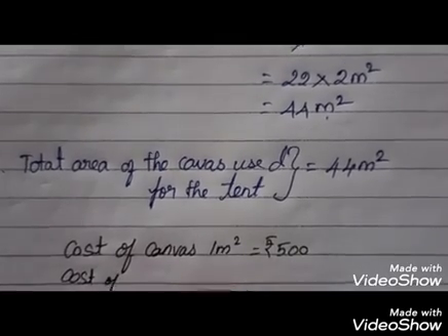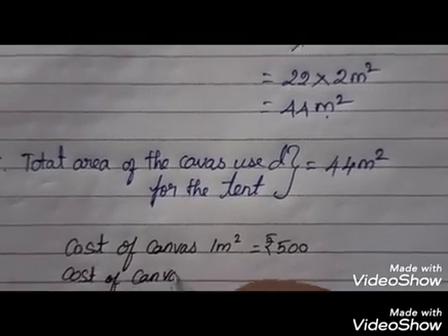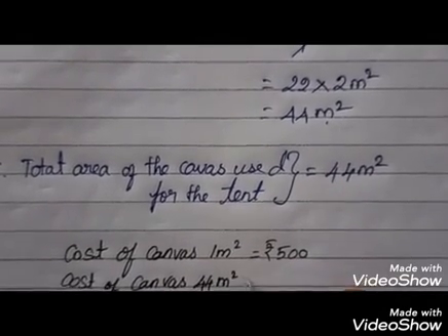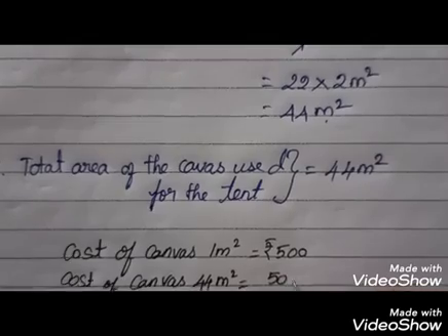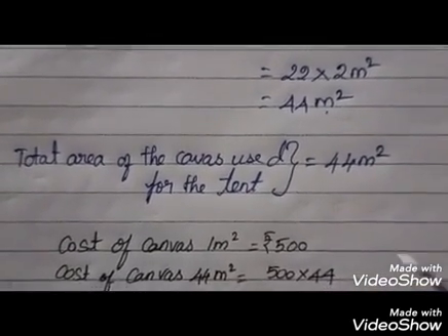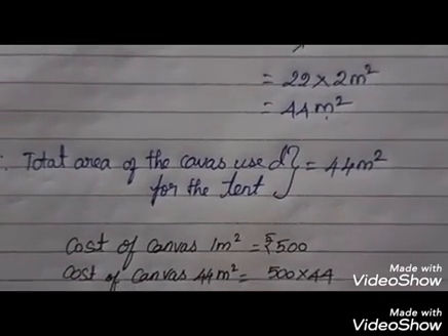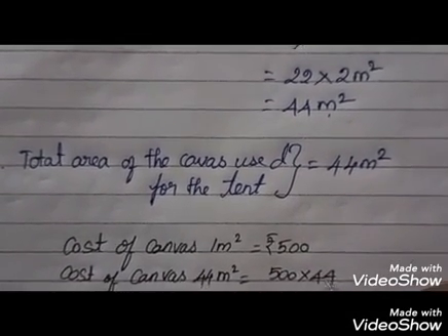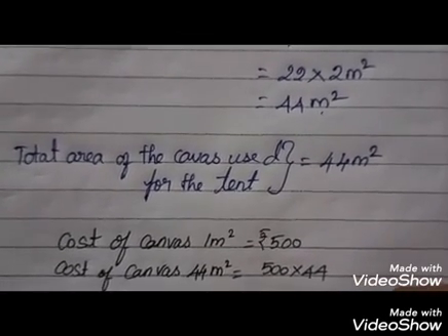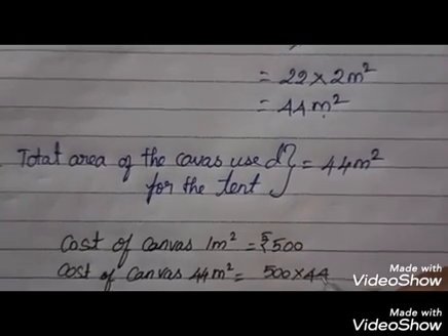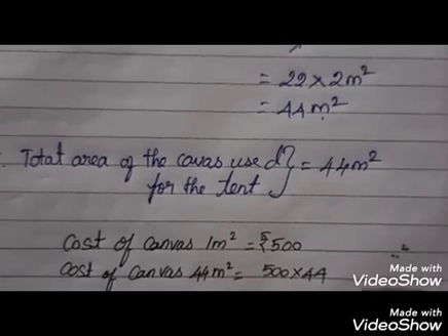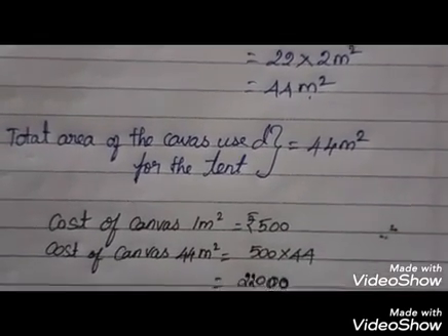Cost of canvas 44 meter square, which is equal to 500 into 44. So just you have to multiply 5 into 44, you get 220, and add the double zero, what is the value? That is rupees 22,000. So what is the total cost of the canvas? 22,000. So the total cost of the canvas is 22,000.